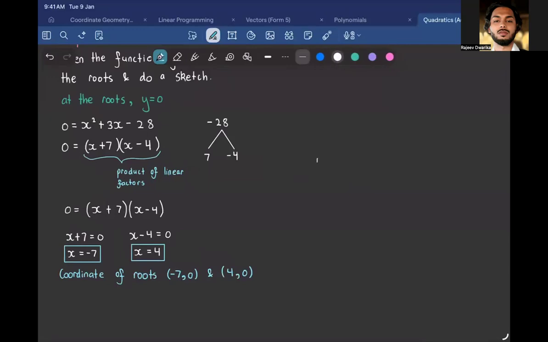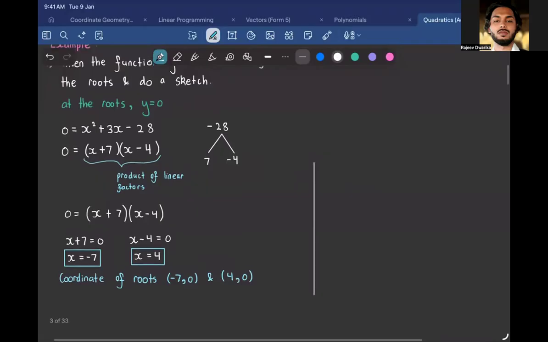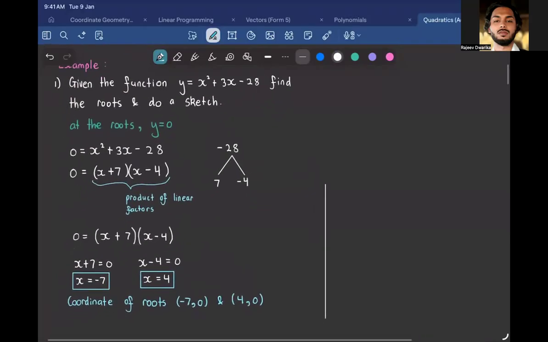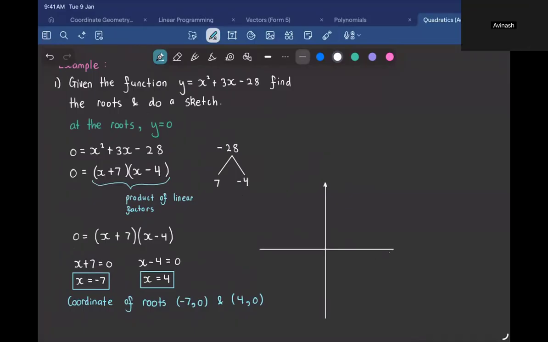So Avinash, the quadratic function that we were given, what was the number in front of x squared? 1. So is it a smiley face or a sad face? Smiley face. So the proper name for that is a minimum turning point.